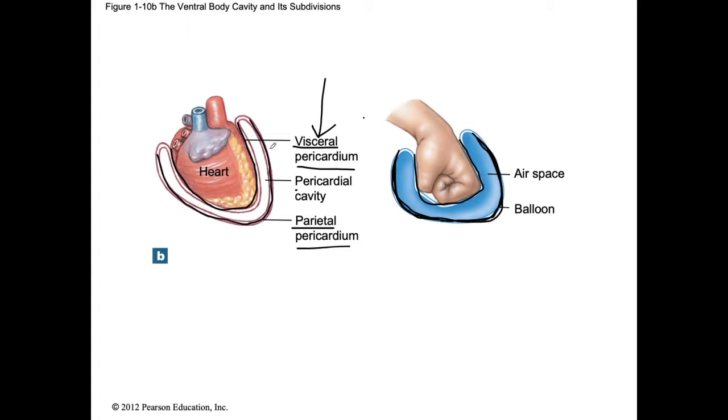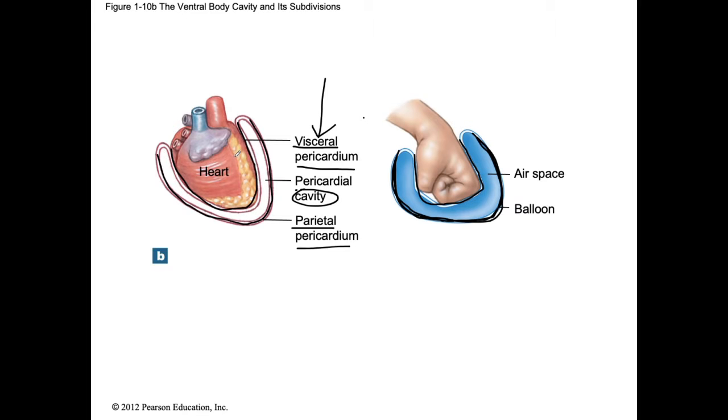And between the visceral and the parietal is the pericardial cavity. Pericardial cavity. It's filled with fluid. Remember, the heart is a muscle. It's beating many, many, many times. It generates heat. So this fluid cools it off. So visceral pericardium, parietal pericardium. And the pericardial cavity is between the two.